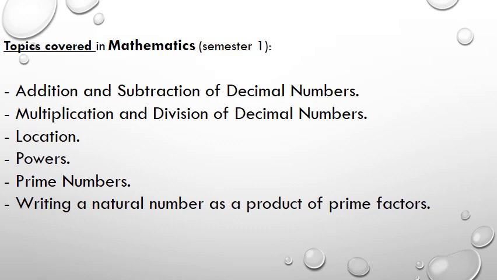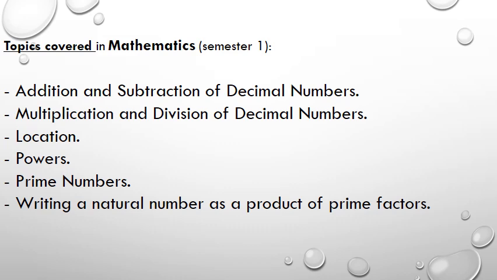We've taken powers and the important rules of powers. Then we have seen the prime numbers, what are prime numbers, and the most important things in prime numbers. Then at last, how we write a natural number as a product of prime factors. If we have a number, how can we write this number as a product of prime factors?